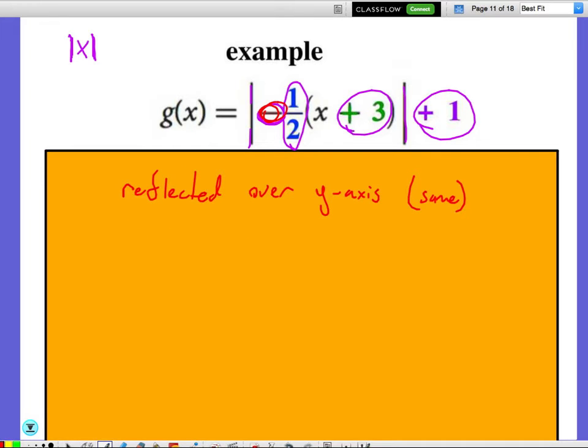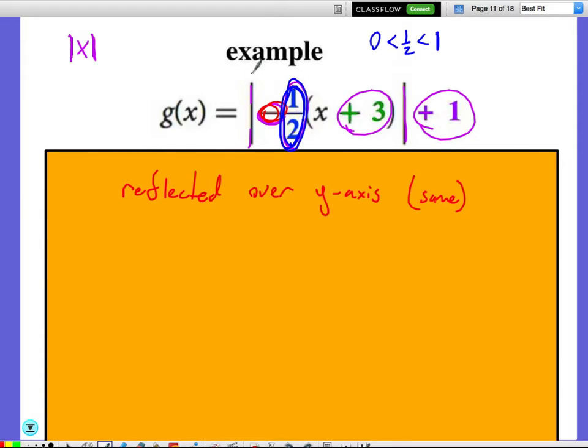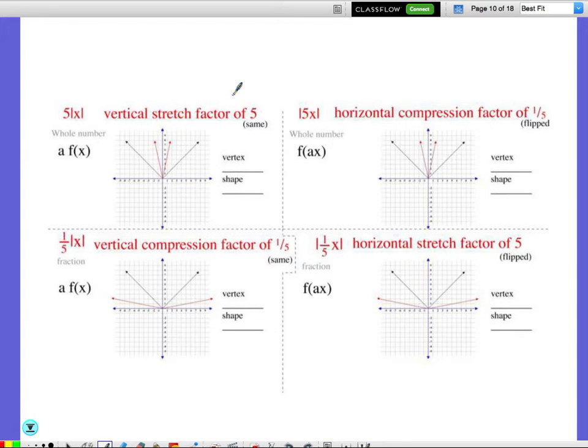Alright, the next thing I want to look at is my 1/2. Now this is a fraction, 1/2 is between 0 and 1. So I'm going to go ahead and look at my transformation sheet, and again, this is inside the absolute value. It's in between those two vertical lines. Where do I see a fraction in between those two vertical lines? Well, it's here. It's a horizontal stretch.